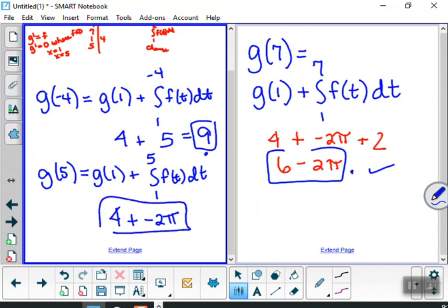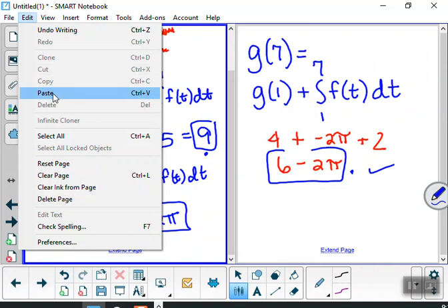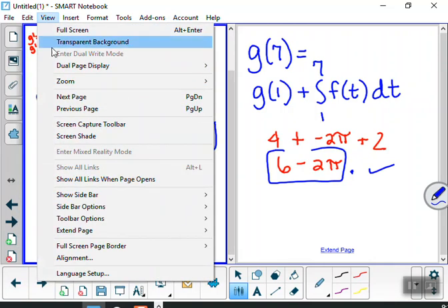So 4 minus 2 pi, which is going to be smaller than 6 minus 2 pi, because this is negative. So this is more like negative 2-ish, and this is like a negative decimal-ish, and that's positive. I will save this document and send this to you as well.